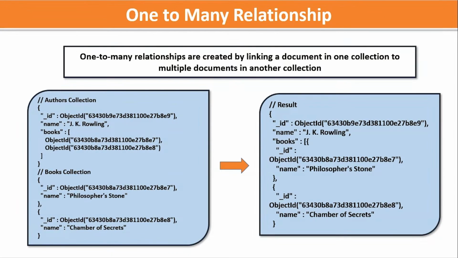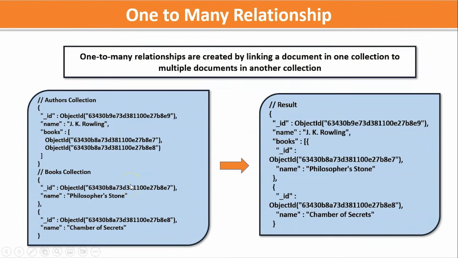In such cases, you can use a one-to-many relationship. For example, I have an authors collection which says the name of the author is J.K. Rowling, and we have two different books, for which we have object IDs as well. In the other collection, we have the details of the books, with an ID again, and the name of the book is Philosopher's Stone, and next we have another book, Chamber of Secrets.